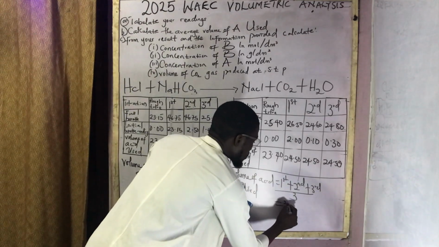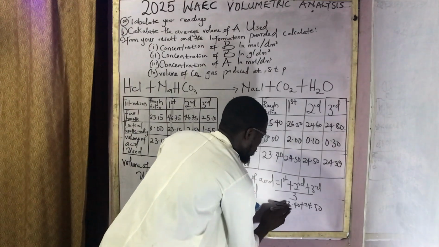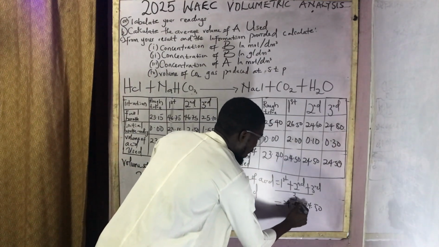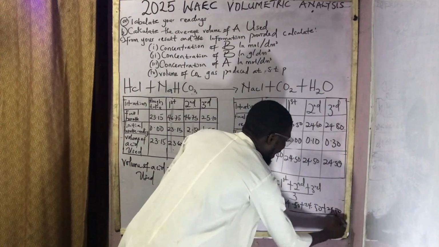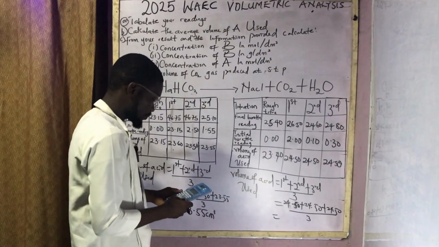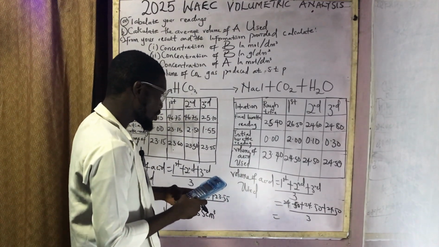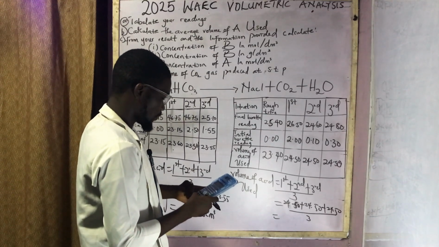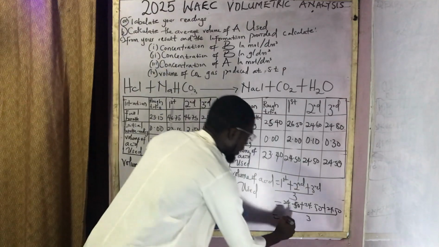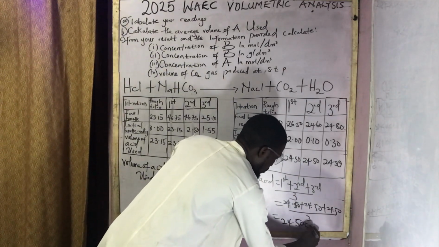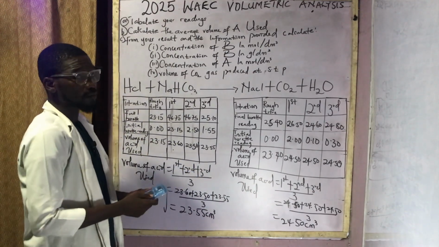We have 24.50 plus 24.50 plus 24.50 divided by 3. So at the end we have 24.50 cm cube. We have two tables of values because in some schools, as I've said earlier, you can decide which table of values to use.